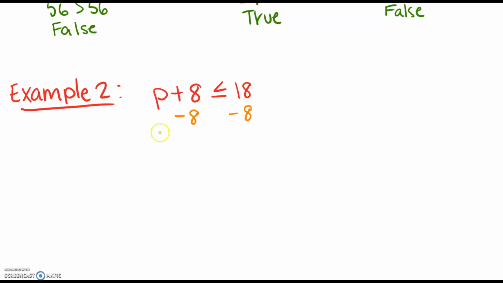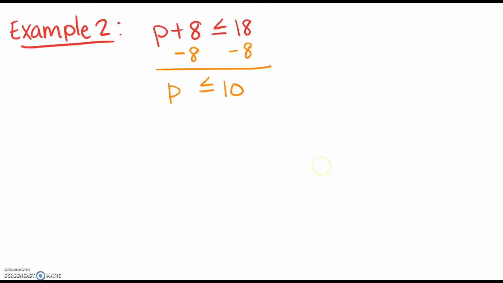When we subtract 8 from both sides, we are left with p less than or equal to 10. Next, we need to write our solution set. Our solution set is all real numbers p such that p is less than or equal to 10. Don't forget to put your squiggles on there. Okay, so then let's check our work.